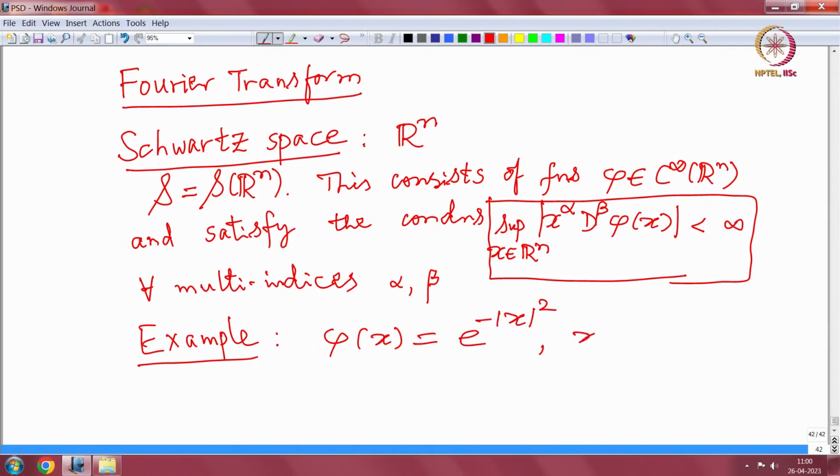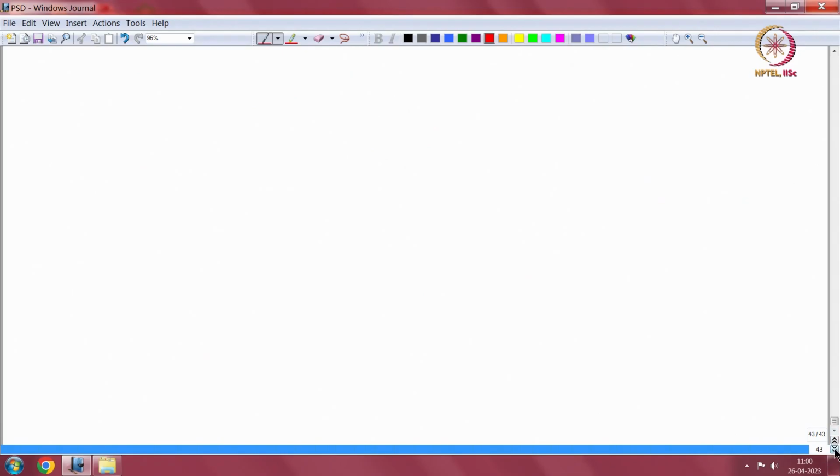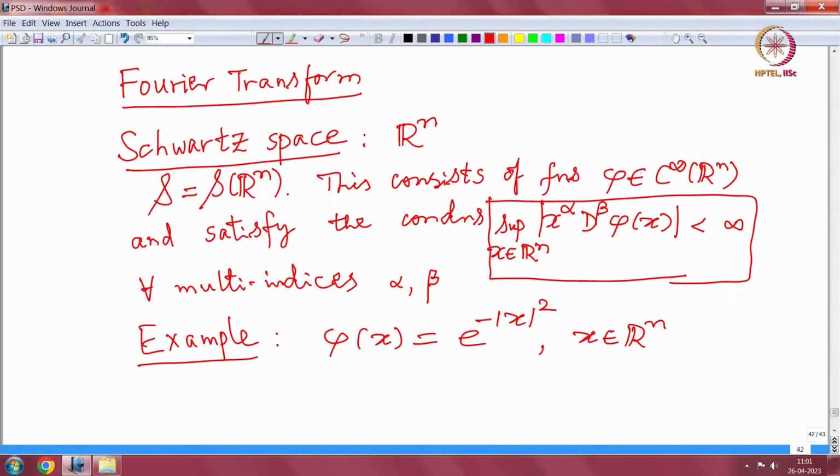Okay, and this S consists of C infinity functions, so they can be either real valued or complex valued. Okay, so that we need not repeat. So these functions can be real valued or complex valued.